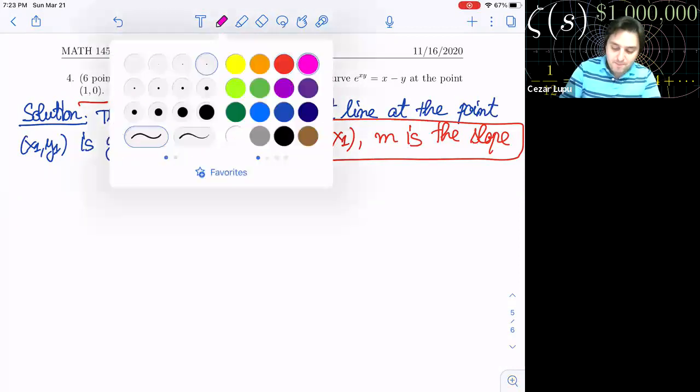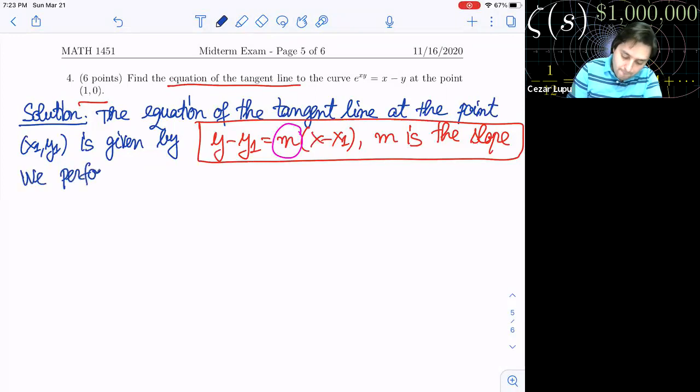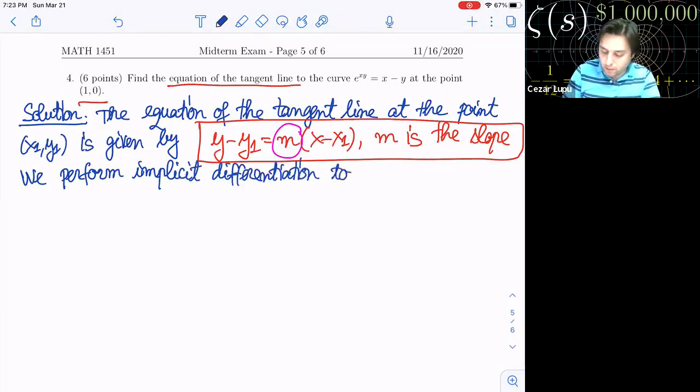So we need to perform implicit differentiation to the curve e to the power xy equals x minus y. All right, let's do it.